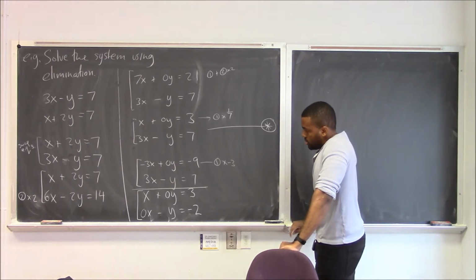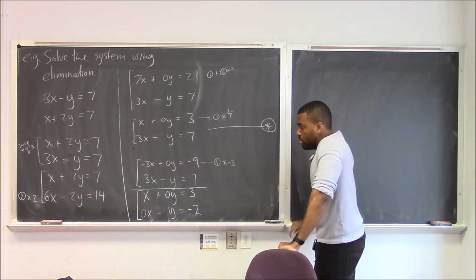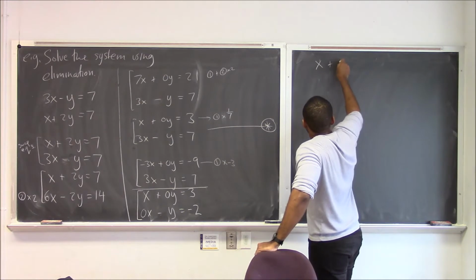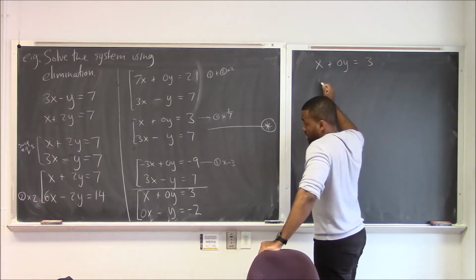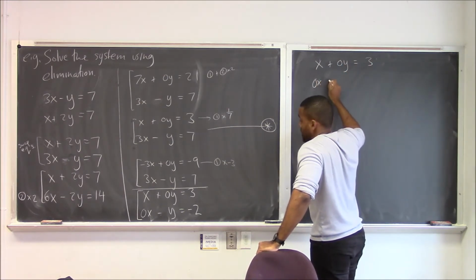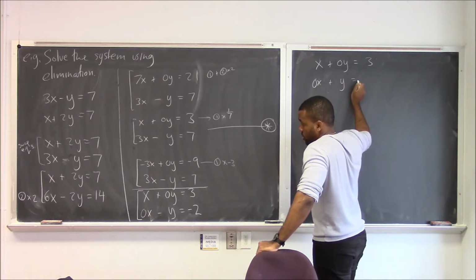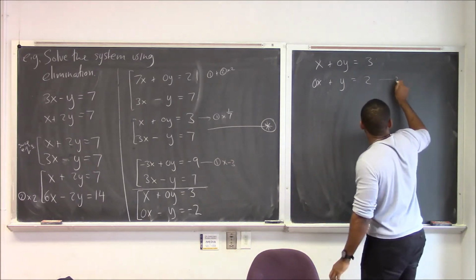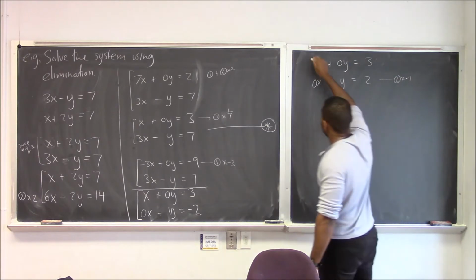What would I do here? Just multiply by a -1, okay? So I have x plus 0y equals 3, and what I can do here is I would have 0x plus y equals 2. What I did here was took equation 2 and multiplied by -1.